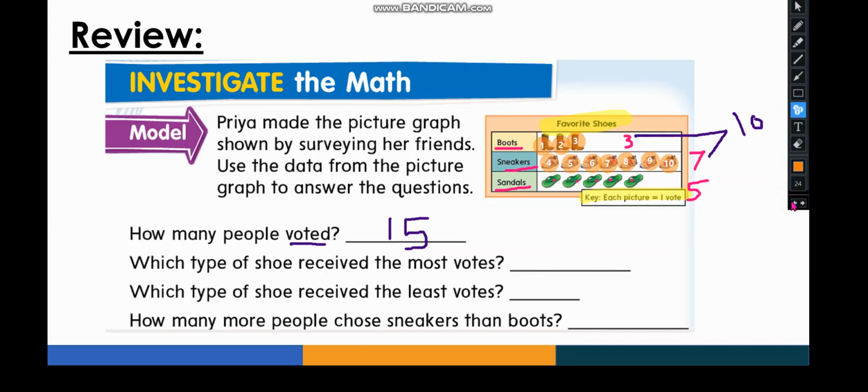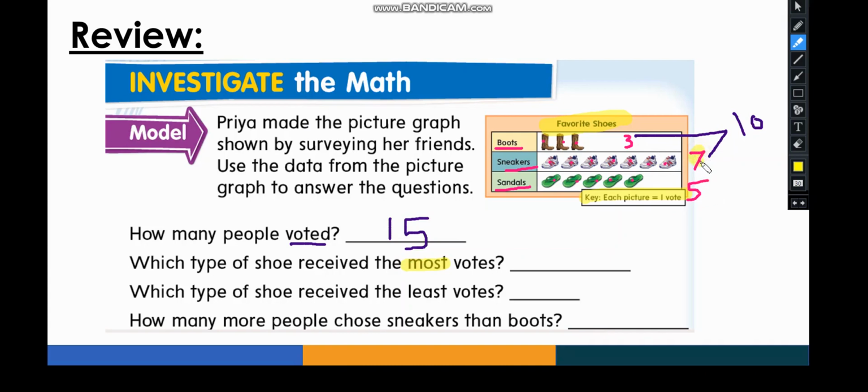Let's remove this. Number 2. Which type of shoes received the most votes? Remember, what do I mean by the most? The most means more. I have 3, 7, 5. Which one is the most? 3, 7, or 5?